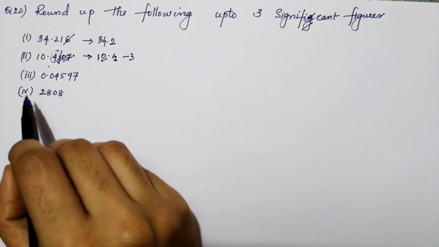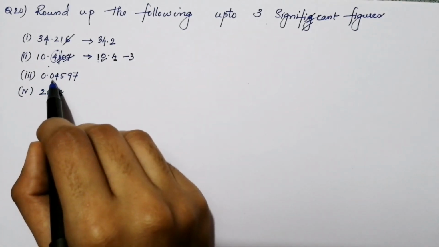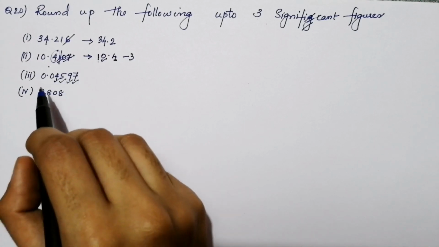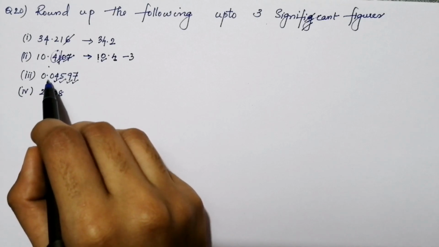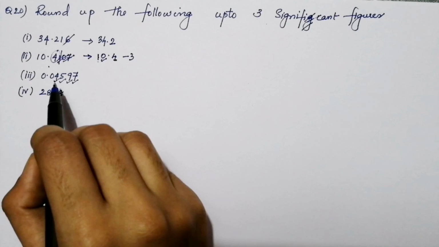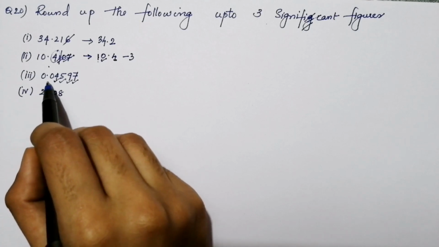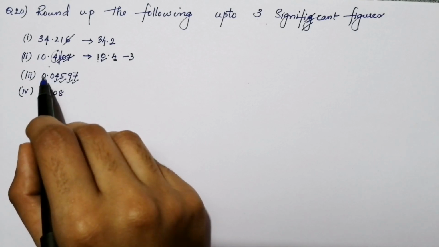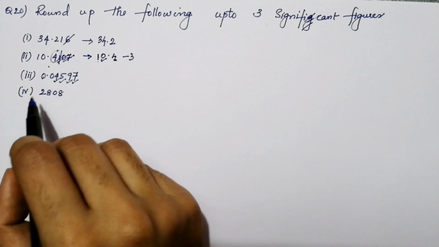Let's move ahead with the next question. In this question, we have 4, 5, 9 and 7 as significant, and note these 2 zeros, because according to rule number 2 of how to determine significant figures, we have learned that zeros preceding the first non-zero digit, that is these 2 zeros, are not significant.